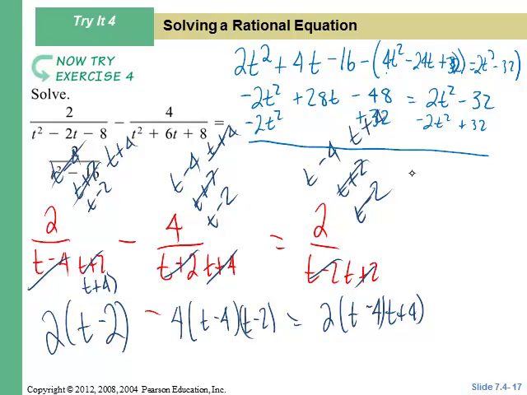Okay, I'm going to write it over here. Negative 4t squared plus 28t minus 16 equals 0. Divide everything by negative 4. And we get t squared minus 7t plus 4 equals 0. And that doesn't have any rational roots, unless I made a mistake someplace.